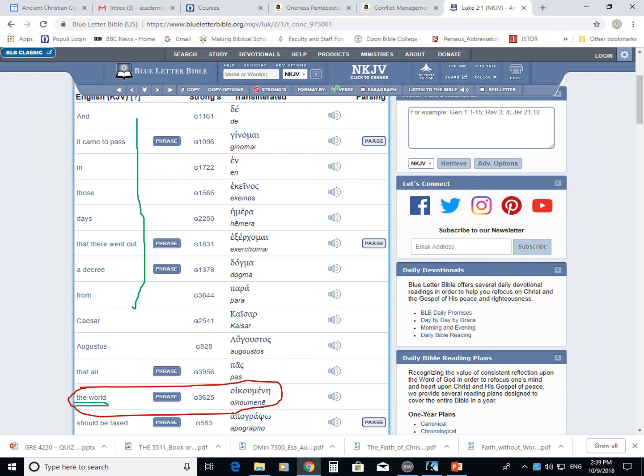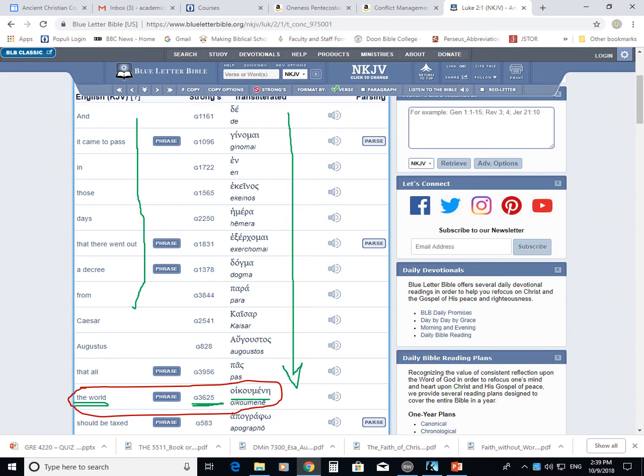Came to pass, Caesar Augustus, that all the world should be taxed. And now it already shows you the Strong's Concordance number, and at the same time gives you the Greek word, since the whole section also includes the Greek word of the passage.